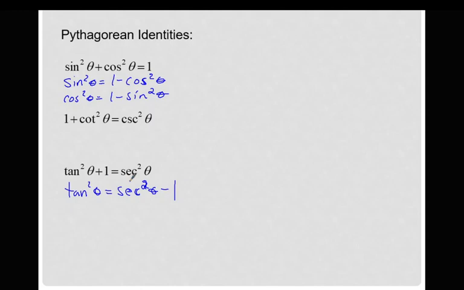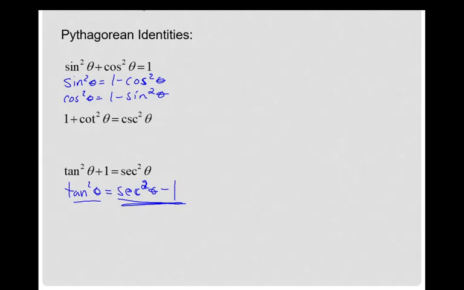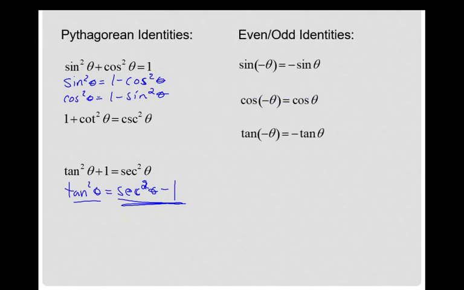It's much easier that if I see secant squared minus 1, I automatically know that it's tangent squared. So having these written down will help a lot. And then we also have the even and odd identities, which we don't use as much with the verifying that we do, but they are important as well.